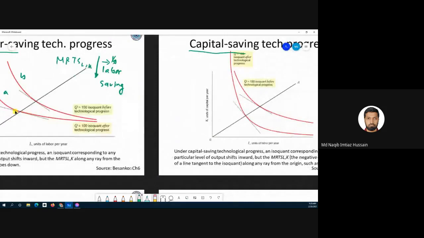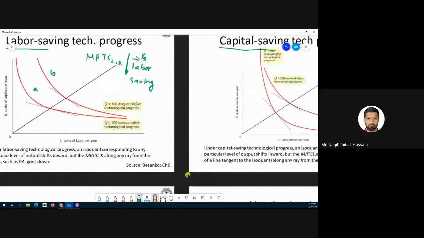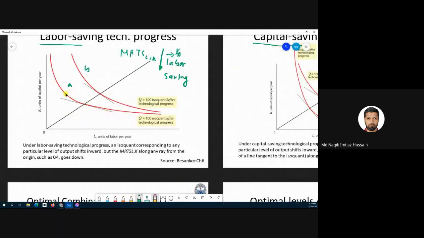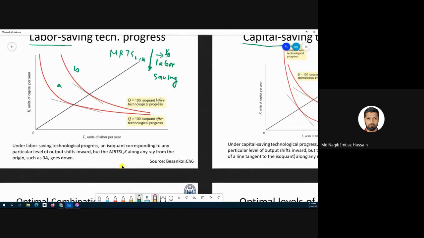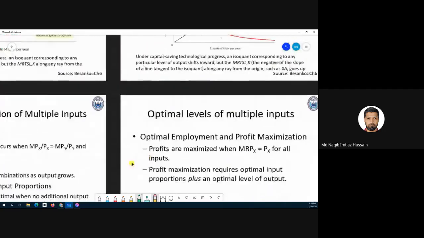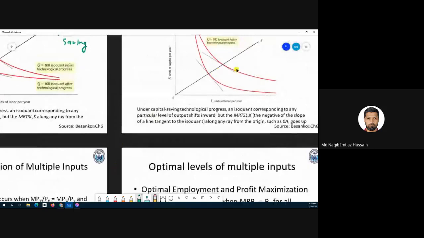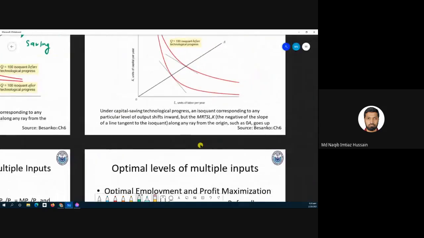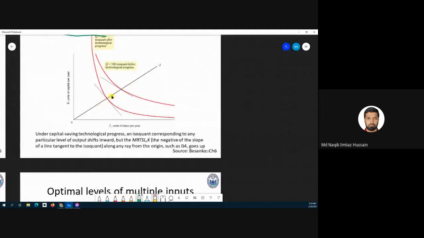Maybe your operation point has become something like this, and you move upwards, save the labor and use more of the machine. If the opposite thing happens, it can also happen. In that case, you move further down and increase labor and save the capital. Okay? Just by looking at the graph and the tangents, looking at the intersecting point, you can tell what is happening.